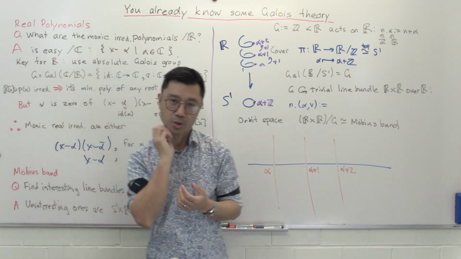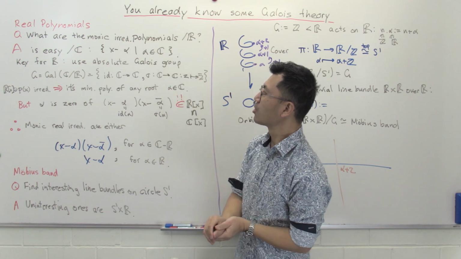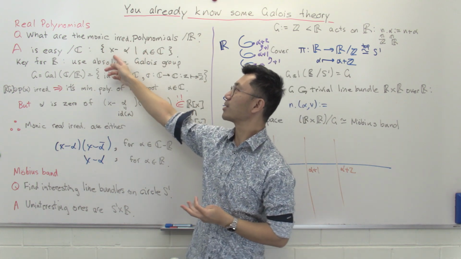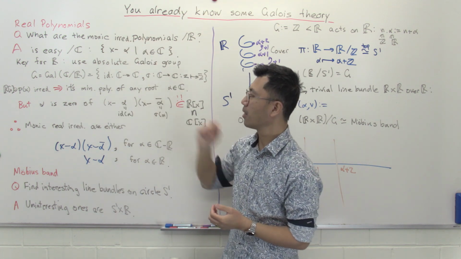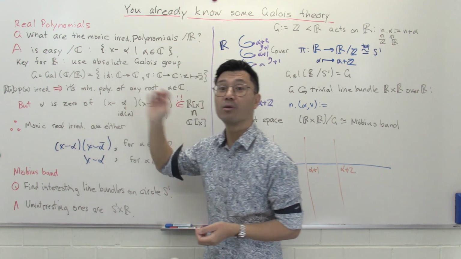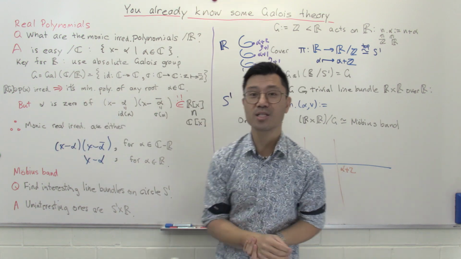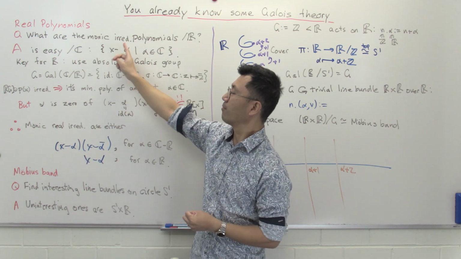Okay, so now what do we want to do? We're going to do the same sort of thing that we did over here. What we did was we took our easy answer, which was x minus alpha, these linear things, and then we looked at orbits of them to construct monic real irreducible polynomials. And we're going to do the same sort of trick here. We knew the answer you have over C had to be very easy.